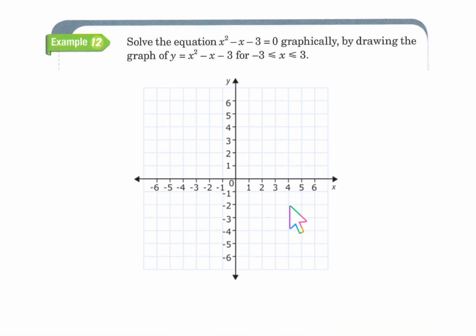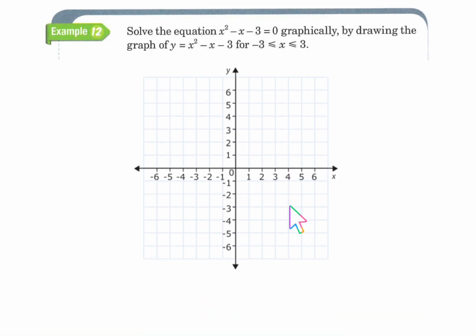So we're going to do some examples so that you can actually see that in action. The first example from the book is example 12. Solve the equation x squared minus x minus 3 equals 0 graphically by drawing the graph of that function for the values of x that are greater than or equal to negative 3 and less than or equal to positive 3.